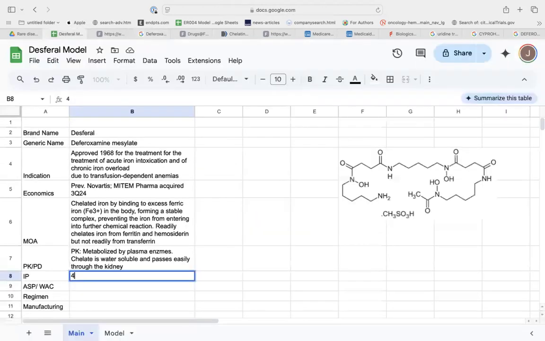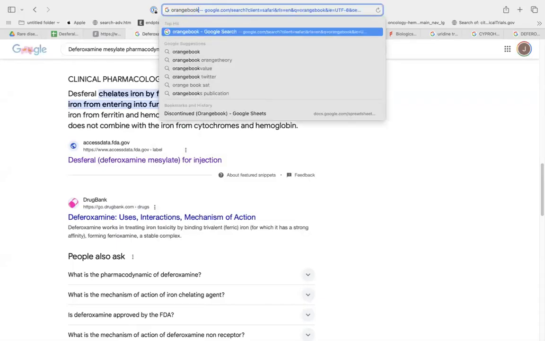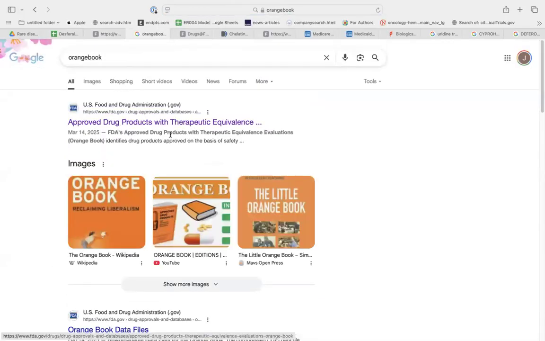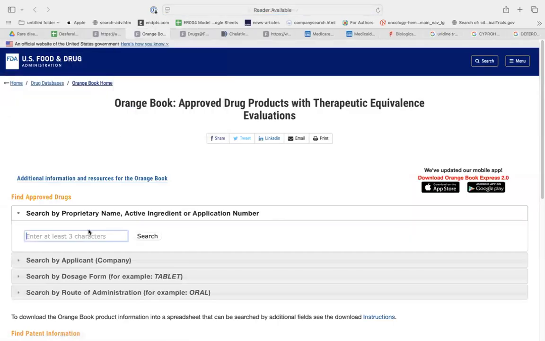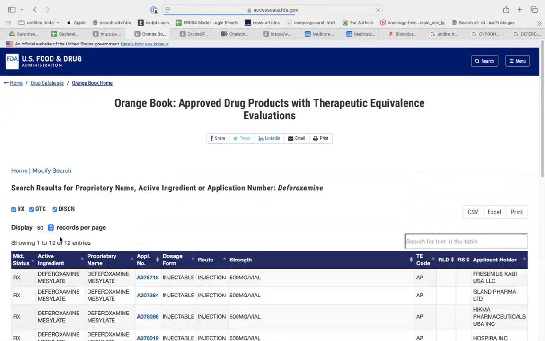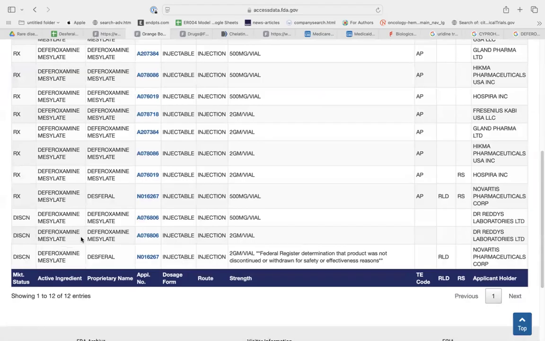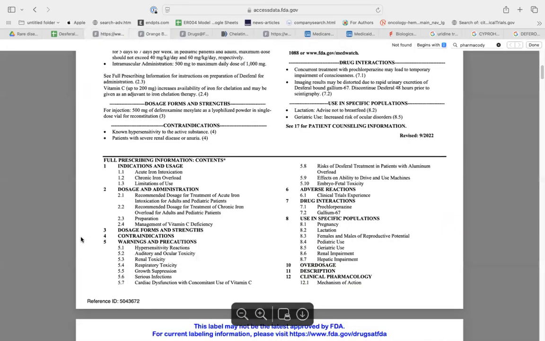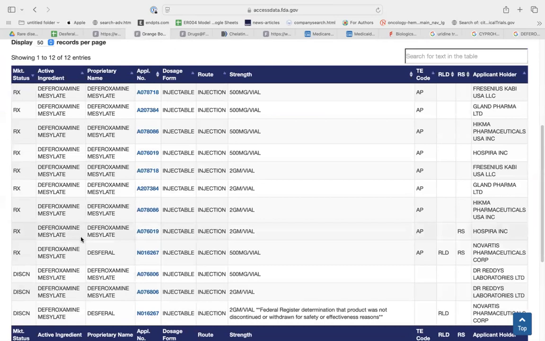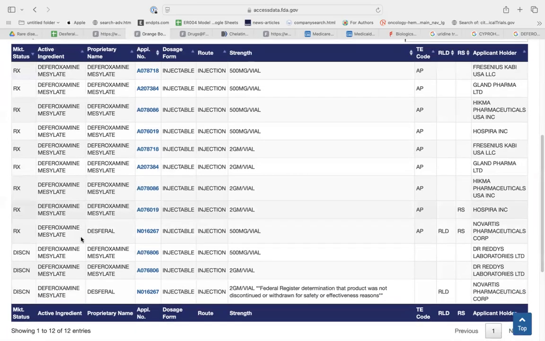So for IP, you can go to the Orange Book, and not Orange Book like SoulCycle, the workout website, but the FDA Orange Book. So obviously the IP is expired since there are generics out, but it's still just good to know.